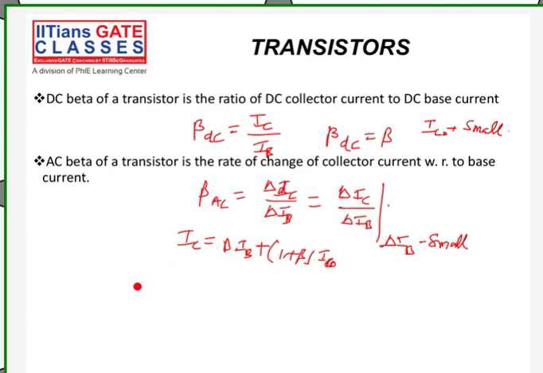So if we differentiate, we'll get dIC divided by dIB is equal to beta AC, and this is called beta, plus d beta divided by dIB times IB, with respect to IB only we are doing.